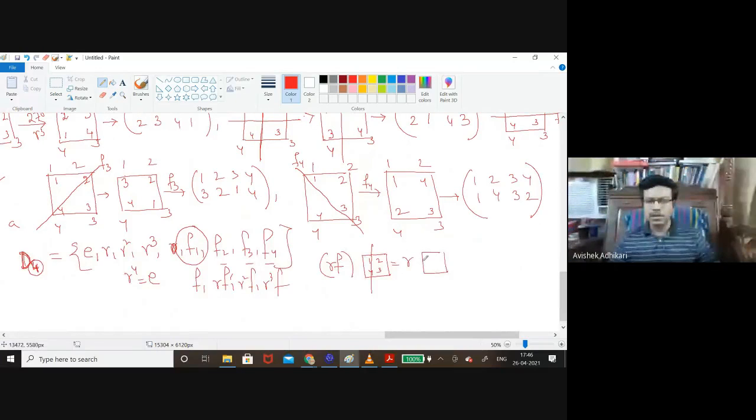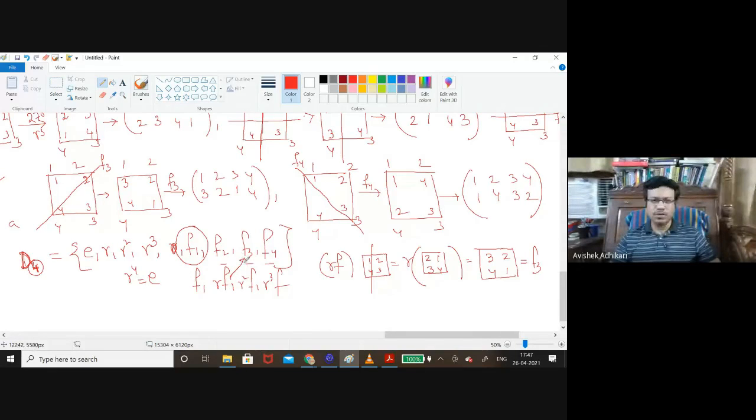So R of F means you just flip it with respect to this. That means here it will be 2, here 3, here 1, and 4. And if I rotate it, then that becomes 3, 2, 1, 4. Just have a look at 3, 2, 1, 4, and that is F3. So RF is nothing but my F3.